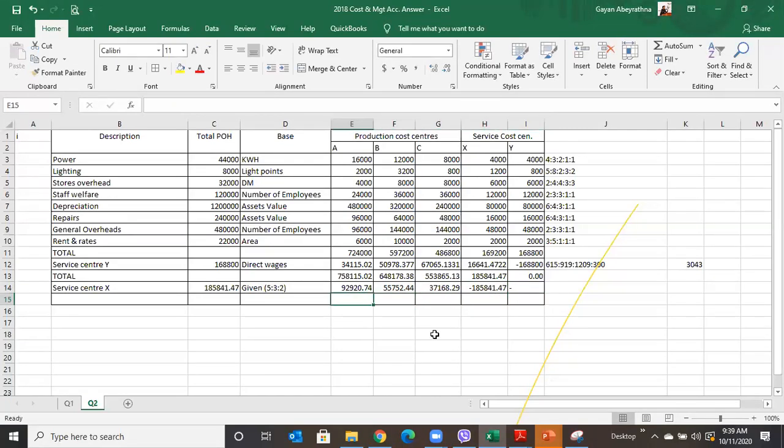Okay, now let's see the total again. Plus this one. Now we just have the overheads within the production cost centers.